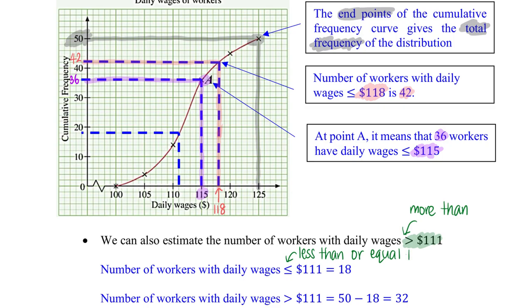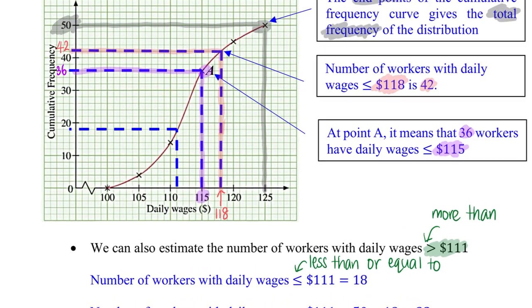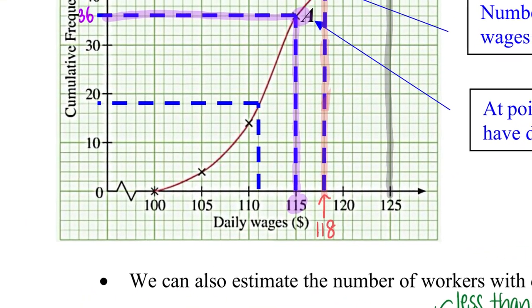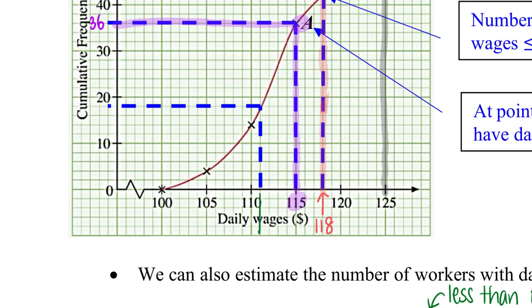In this case, $110. So if I zoom in here, I can see that here is my 110. And let's see what this graph gives me. This graph gives me 18.